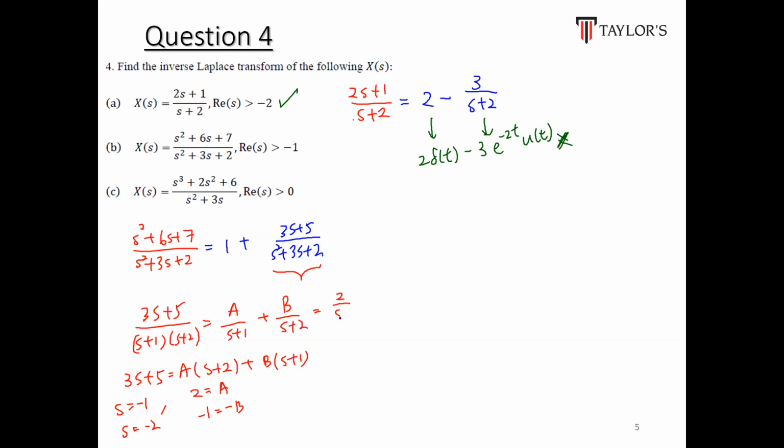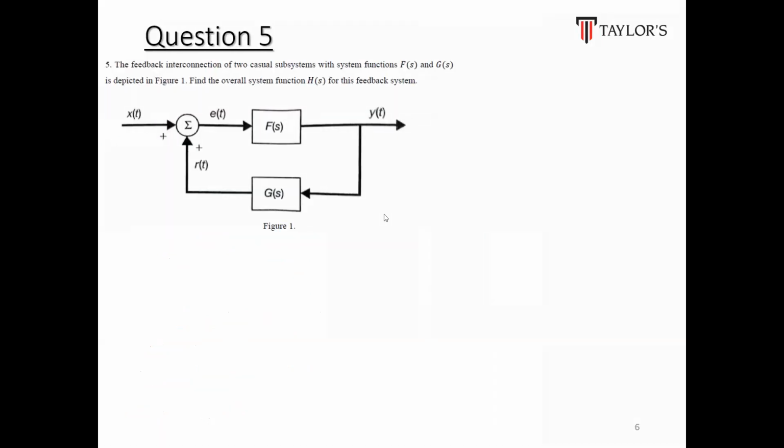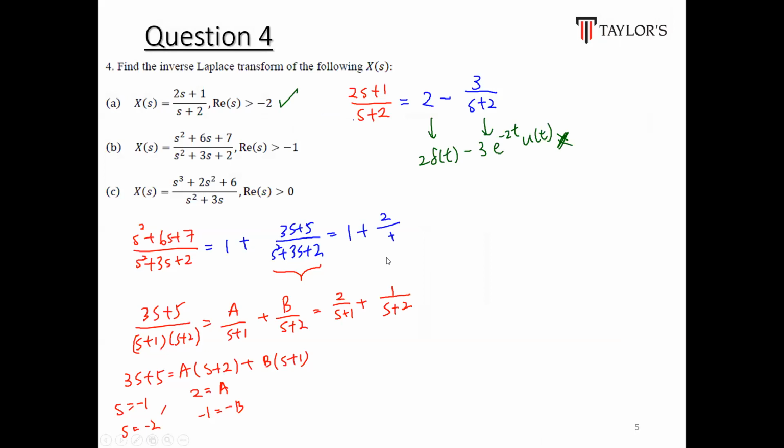This is 2 over s plus 1 plus 1 over s plus 2. Now, I continue writing from here. This equals 1 plus, don't forget the 1 in front because you did a long division earlier, 2 over s plus 1 plus 1 over s plus 2.